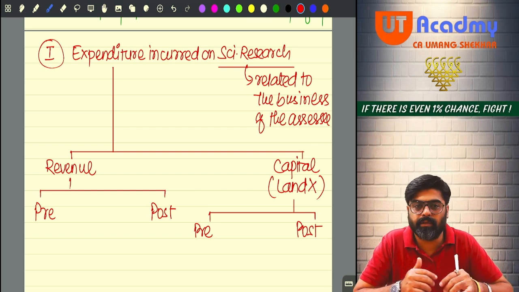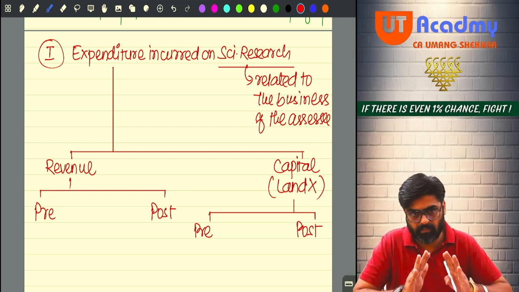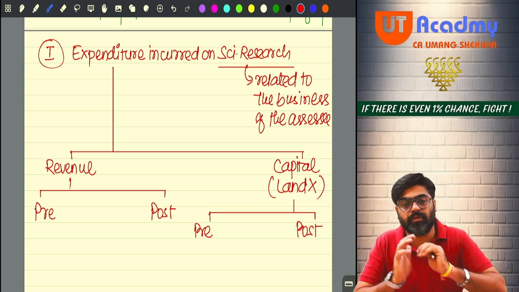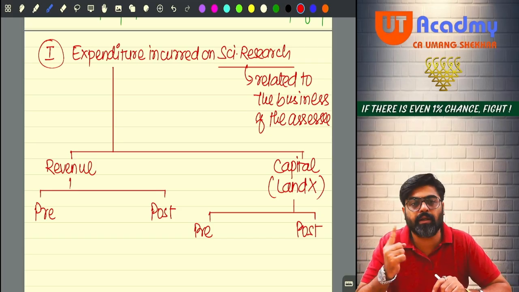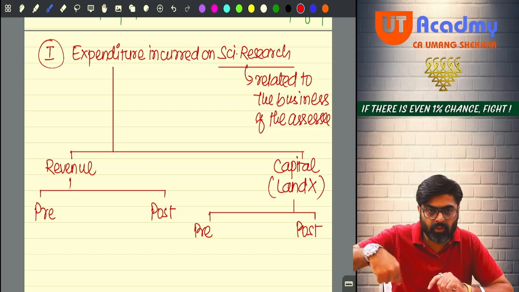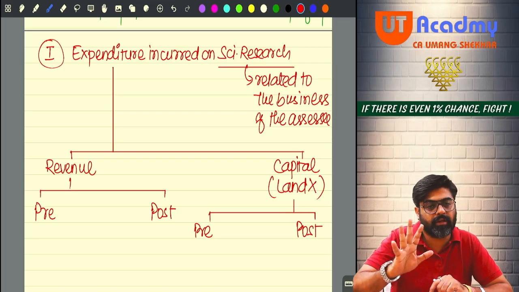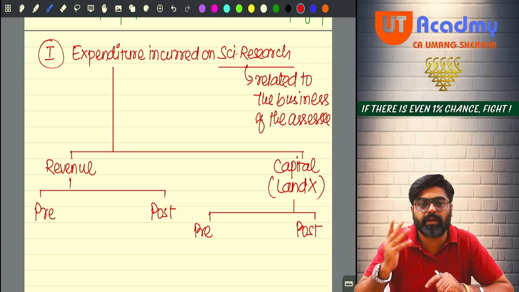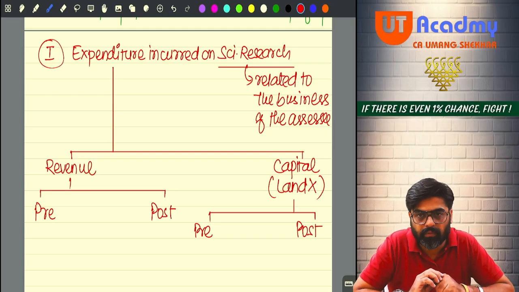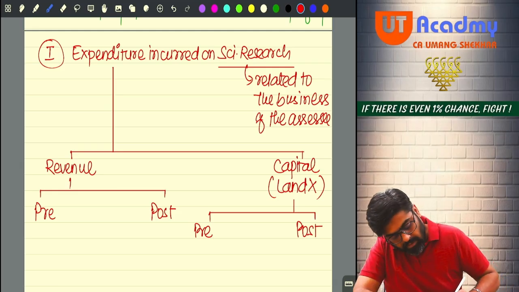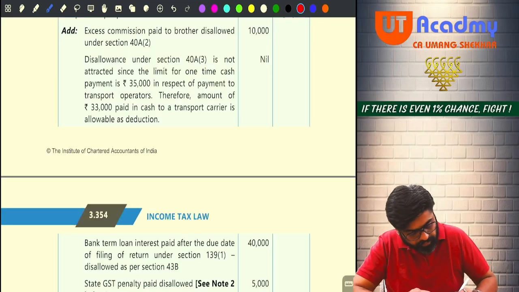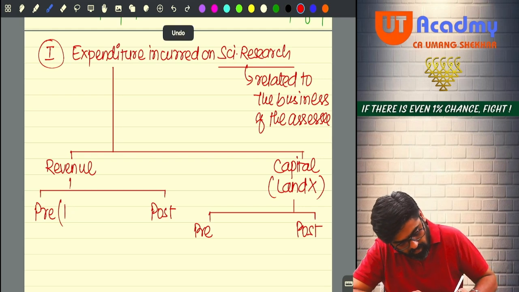The date on which the business is commenced, 3 years immediately prior to this date, within those 3 years, whatever expenditure happened, whether revenue or capital, that is known as pre-commencement expenditure. Getting my point? So pre-commencement means within 3 years.